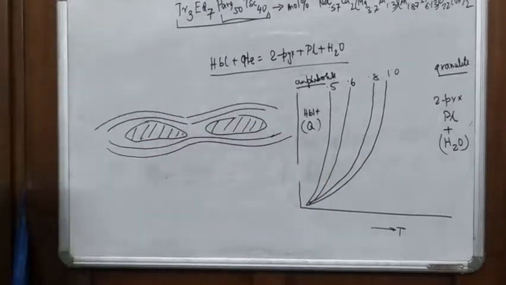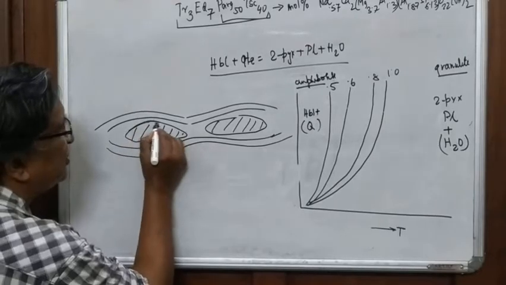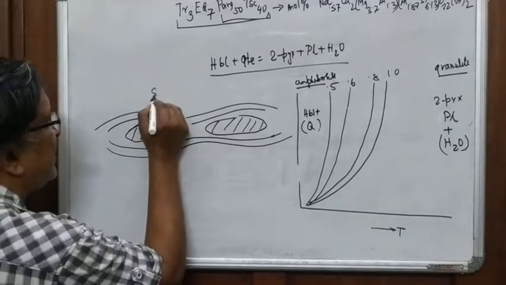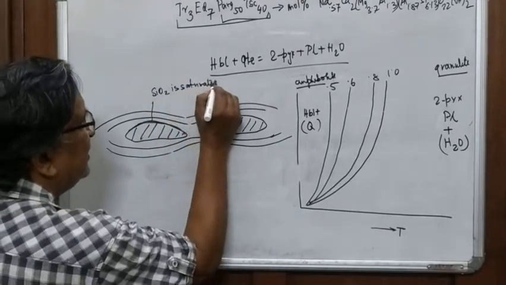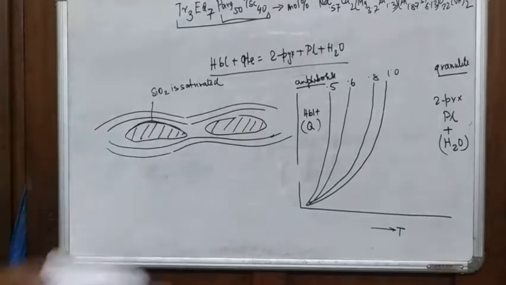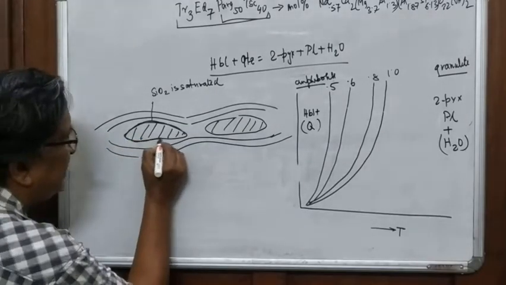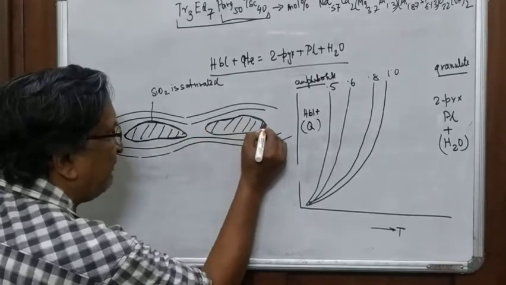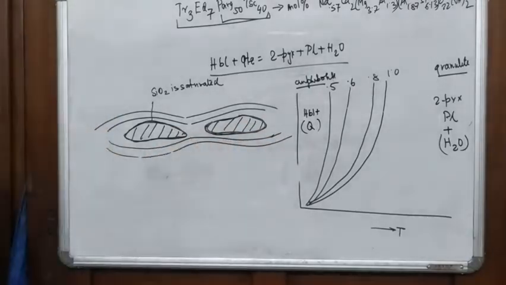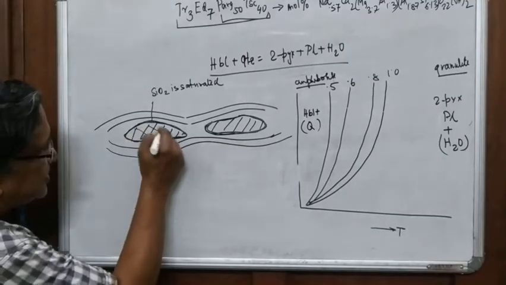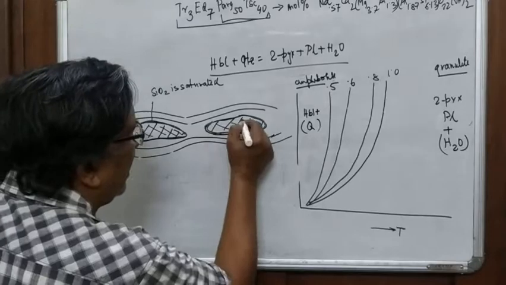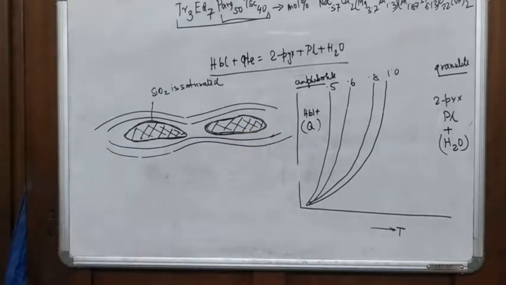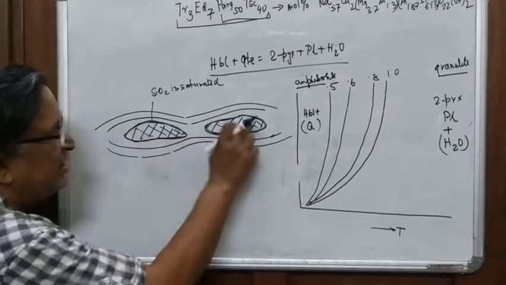Now you will commonly see at the margins that SiO2 is saturated, because alongside you have quartzo-feldspathic rocks. Whereas the interior parts are silica undersaturated. Let's assume they are silica undersaturated. Therefore, at the margins, they are silica saturated.